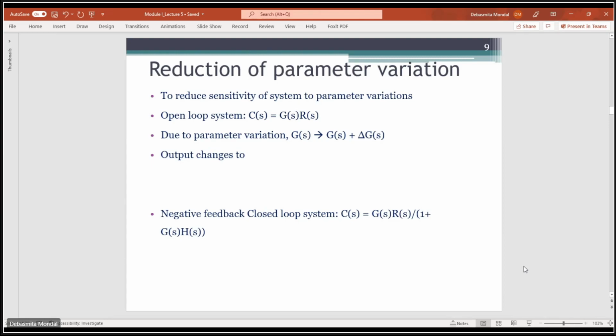Reduction of parameter variation means that the feedback will reduce the sensitivity of the system to parameter variations.